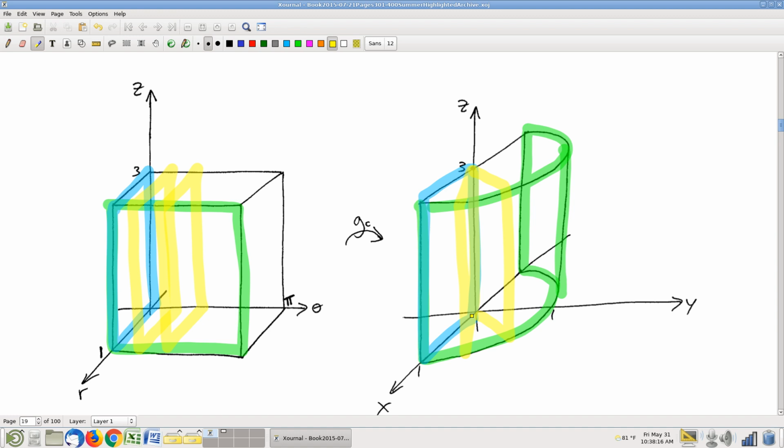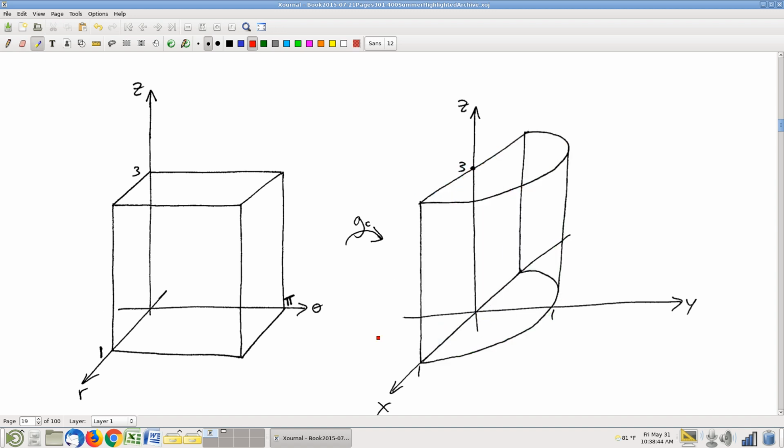It finally ends over here where theta equals pi, which ends back there. Everybody on board? Okay. So, which would you rather do? Would you rather do an integral over here? Probably not. You should prefer to do the integral over here. It's a box, constant bounds.